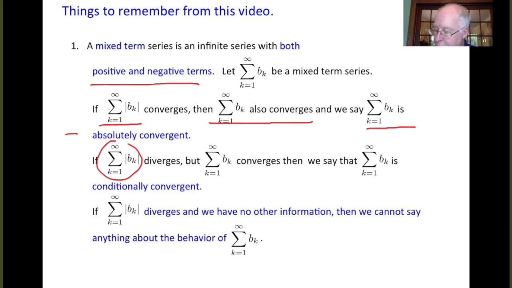Sometimes we'll find that the series of absolute values diverges, but the original series converges. In that case, we say the summation of the b_k's is conditionally convergent.